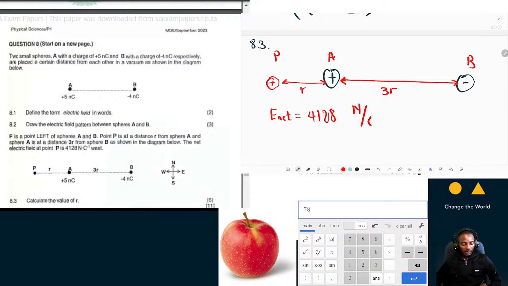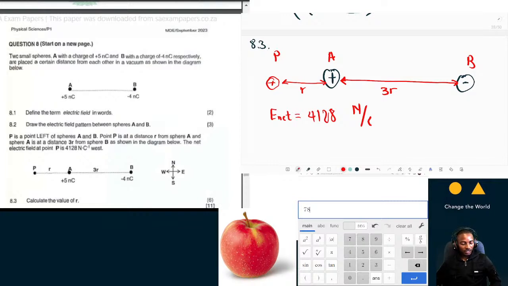All right. Okay, now we need to find the electric field. The net electric field at that point is given to us to be 4128 to the west. Now, this test charge at P interacts with the charge at A. Since they are like charges, they are going to repel each other.